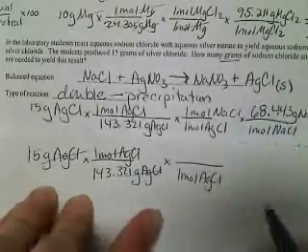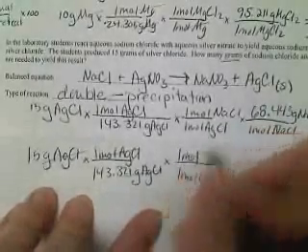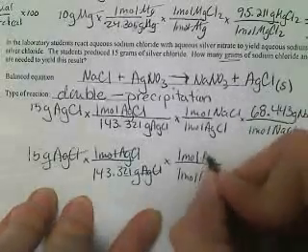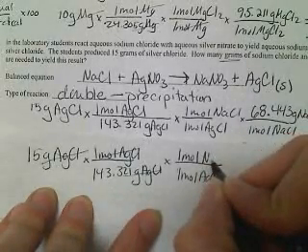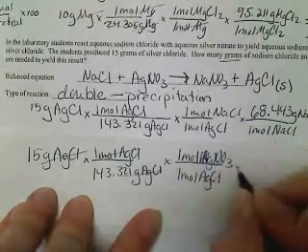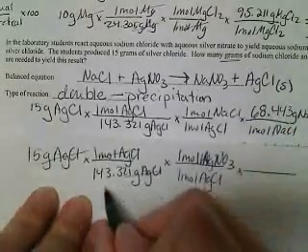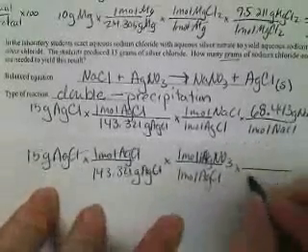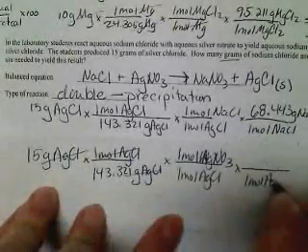So for every 1 mole of AgCl, I get 1 mole of, what am I looking for? Silver nitrate, AgNO3. Now, so we went molar mass, we went ratio. Next thing I need is molar mass, and it's for every 1 mole of AgNO3. I'm going to get the mass of it.